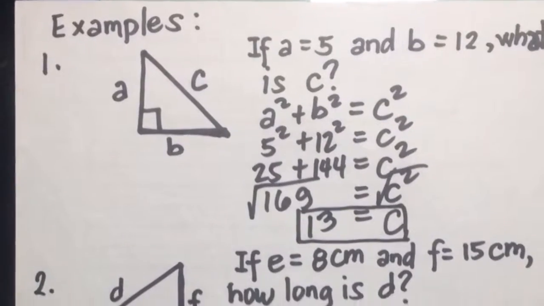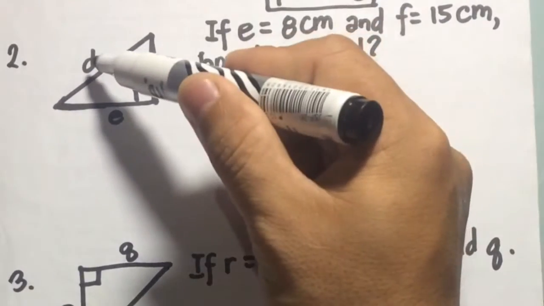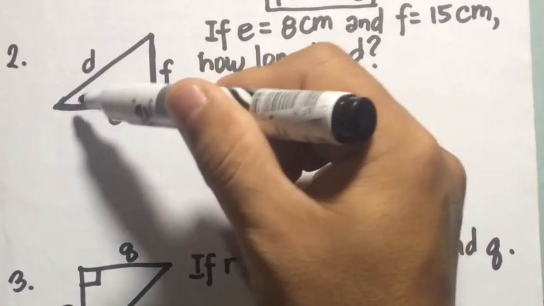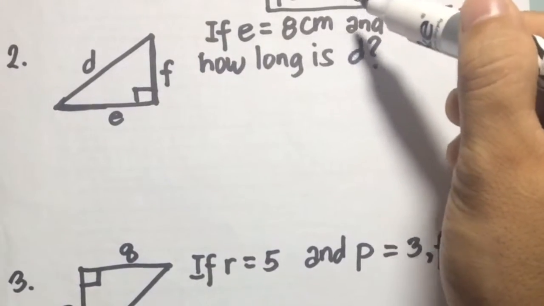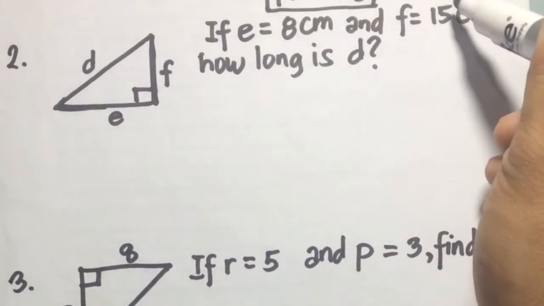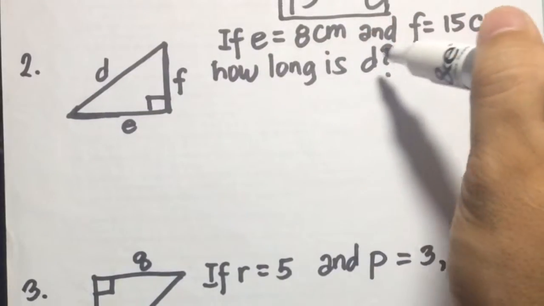Okay, another example, number 2. This is the figure here. D is the hypotenuse, E and F are the legs. Now if E is equal to 8 centimeters and F equals 15, how long is D?